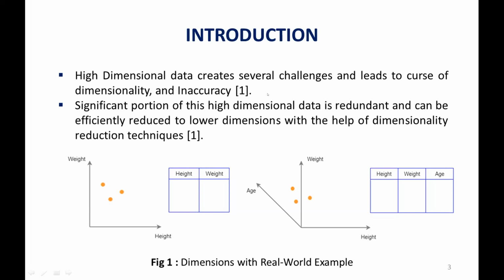Generally, high dimensional data creates several challenges and is not appropriate for our algorithms. Out of this high dimensional data, most of the data is redundant and of no use.